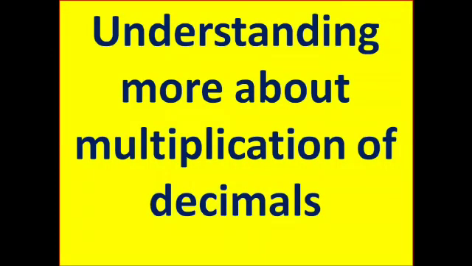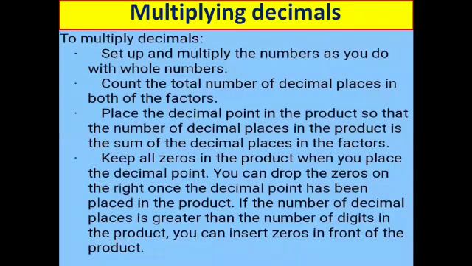Let's understand more about multiplication of decimals. Now, you all know that you have to set up and multiply the numbers as whole numbers. Then you have to count the total number of decimal places in the factors, and then place the decimal point in the product, so that the number of decimal places in the product is the sum of the decimal places in the factors.